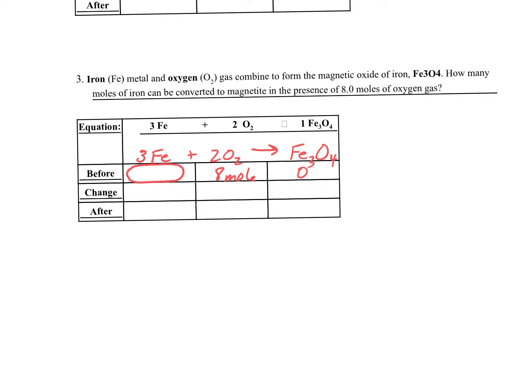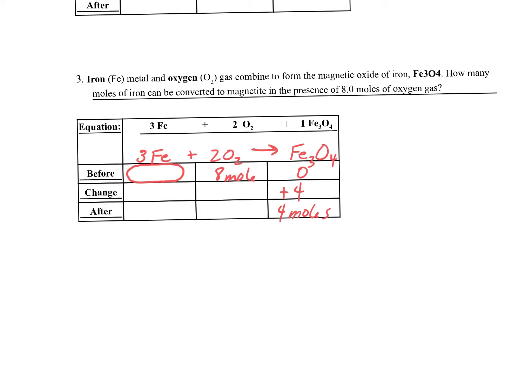That's the mole ratio. So for every 2 oxygen that we use, we're going to make 1 iron oxide, or magnetite. Well, we're given 8 moles of oxygen, so we are going to make 4 moles of the magnetite. We'll make half of the magnetite than what we have of oxygen. It's a 2 to 1 ratio.